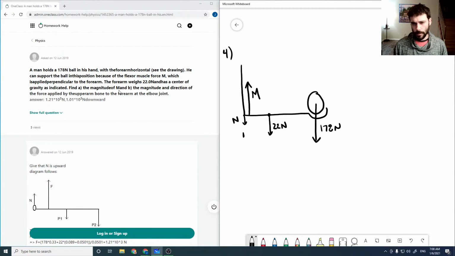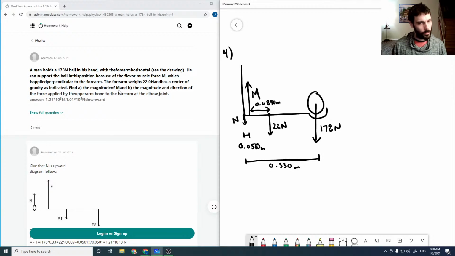The distance from the pivot of the arm to M is given as 0.0510 meters. The distance from the muscle to the center of gravity of the arm is given as 0.0890 meters. And the distance from the pivot to the center of gravity of the ball is 0.330 meters.